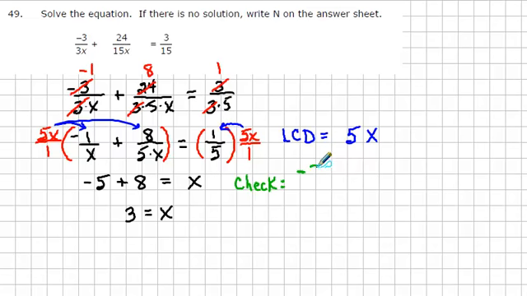We have negative 3 divided by 3 times 3 plus 24 divided by 15 times 3 is equal to 3 over 15.